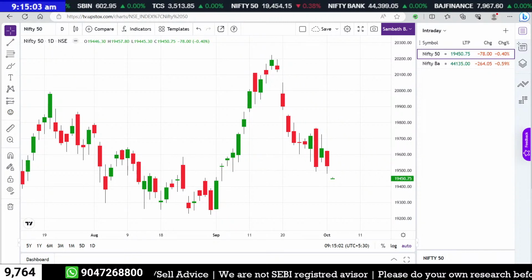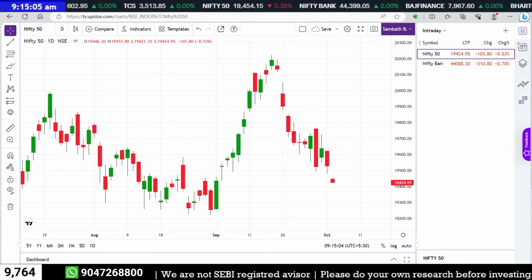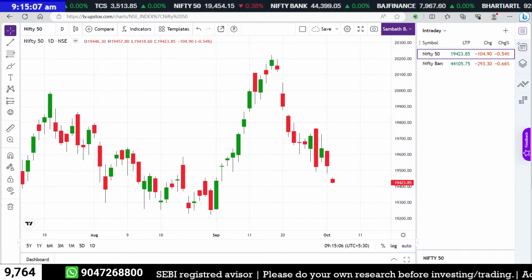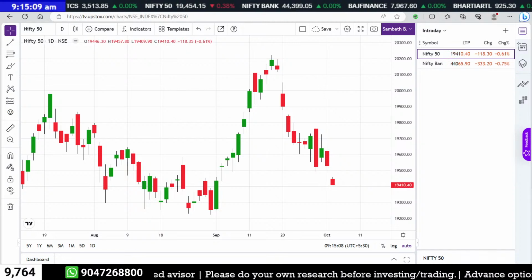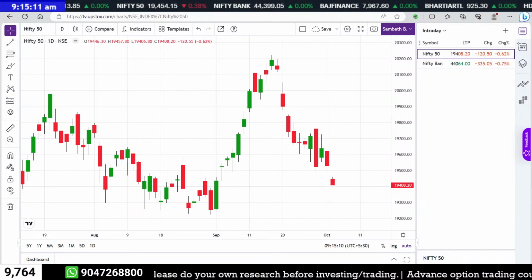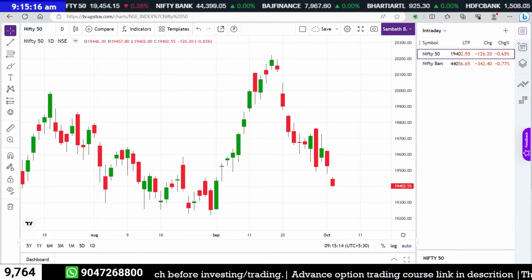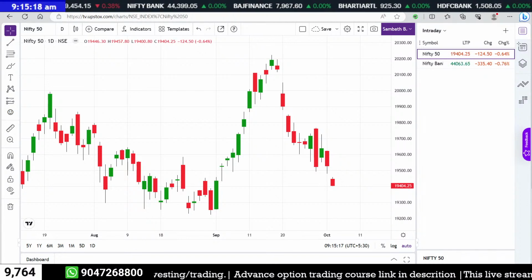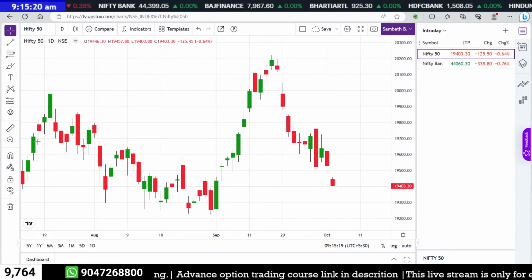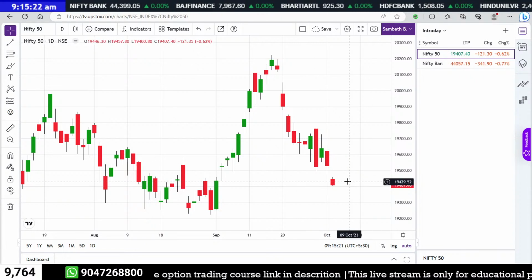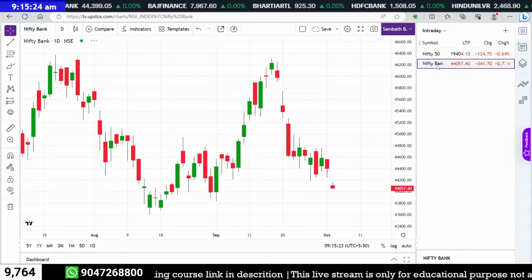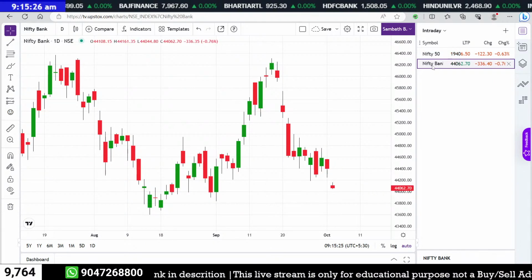It started with a 100 point down in Nifty, 110 to 170 points, and 300 points in Bank Nifty. The gap down is continuing, and Nifty is again 120 points down from the previous close. Maybe it is better to wait and see which side it goes, whether it will recover, because today is a technical gap lower from the previous day low, in both Nifty and Bank Nifty.